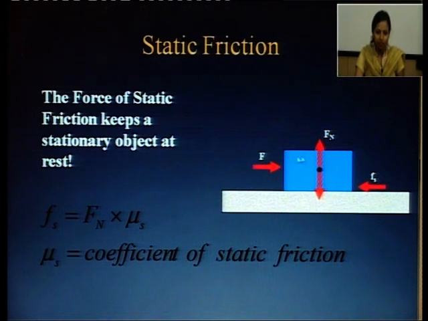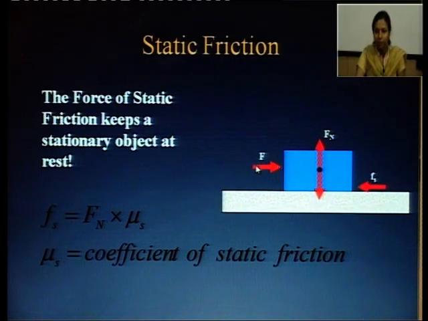This is the free body diagram of a body. If the center of mass is at this point, then the direction of the weight is downward, and the normal direction is upward. It is always perpendicular to the surface.